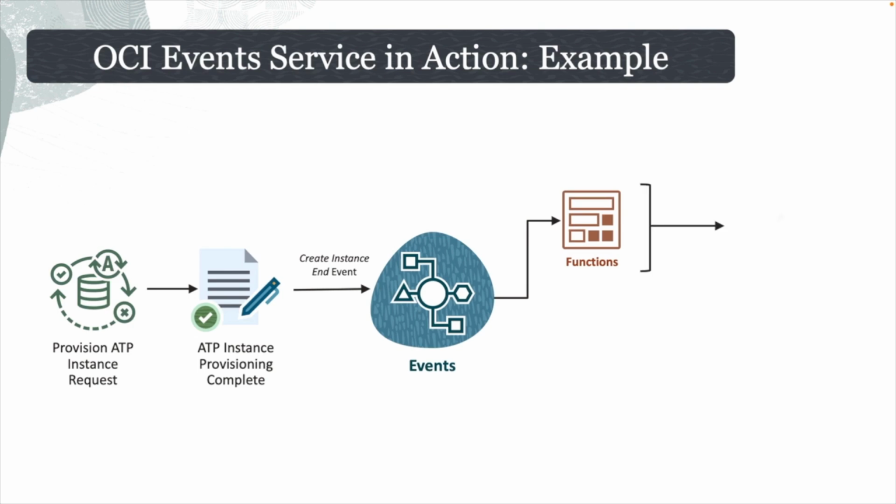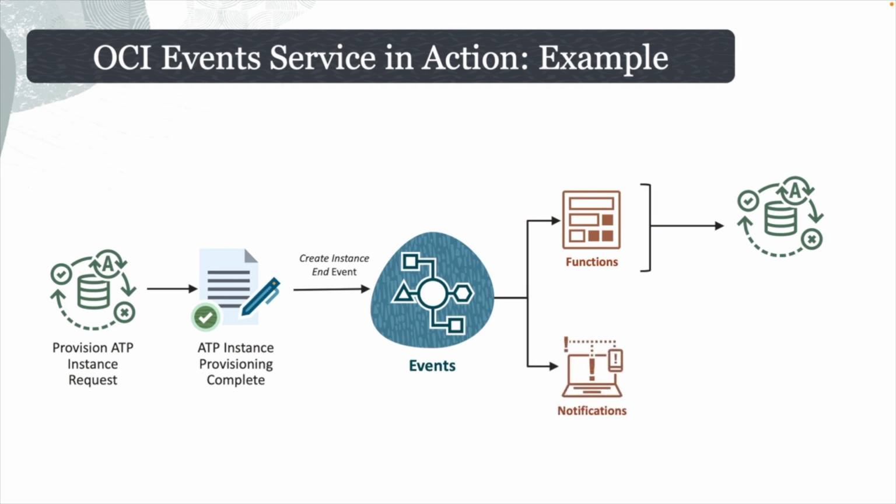That function contains the logic to run scripts to create schemas and tables and import the golden data into the newly provisioned ATP instance. At the same time, another action is triggered through the notification service, which both sends an email to an administrator as well as creating a PagerDuty incident.